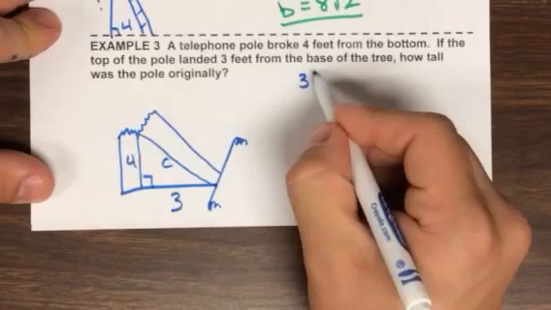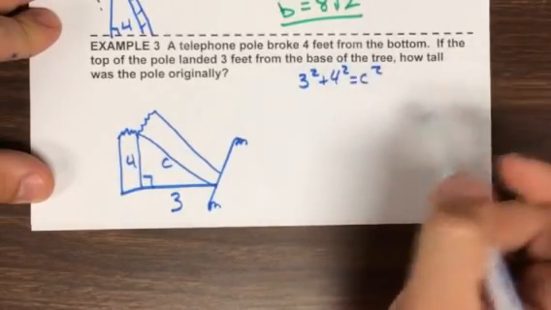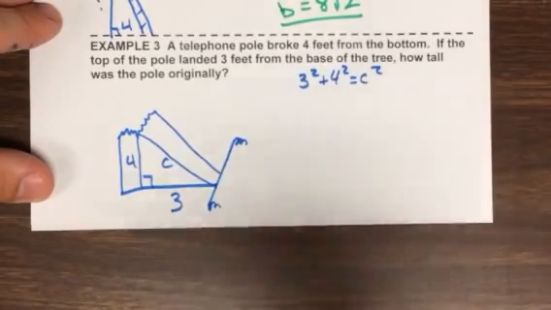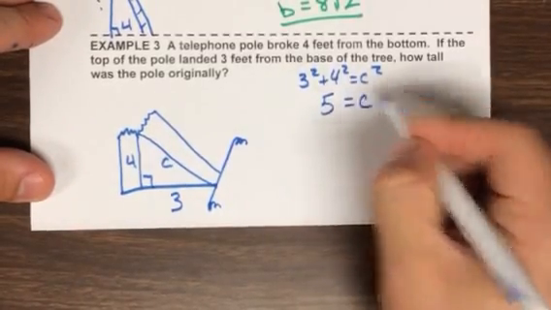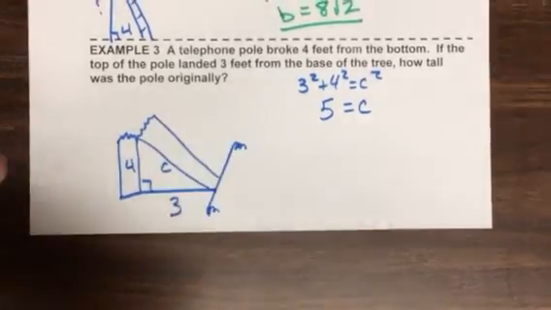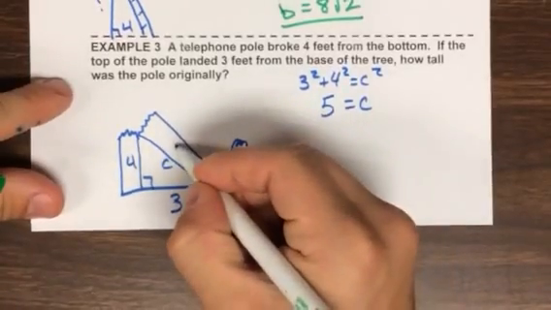So I'd say 3 squared plus 4 squared equals C squared. If you don't remember your Pythagorean triples from the last set of notes, you'll work through that. Otherwise, you can say that 5 equals C. Well, C is 5, and I know that that's important, but it doesn't ask me for how much of the pole broke off.